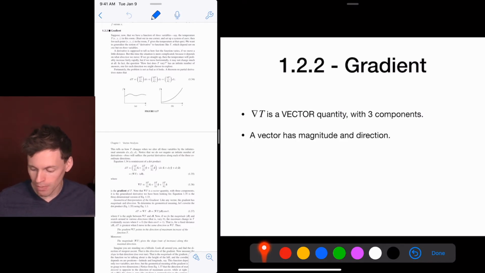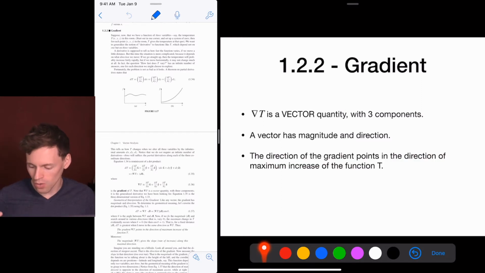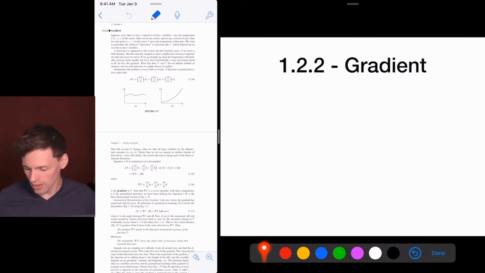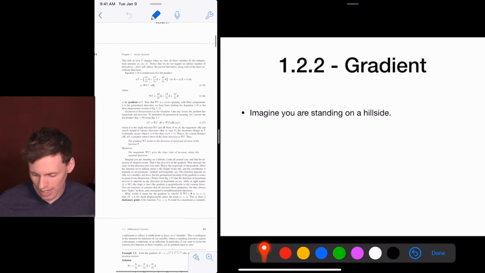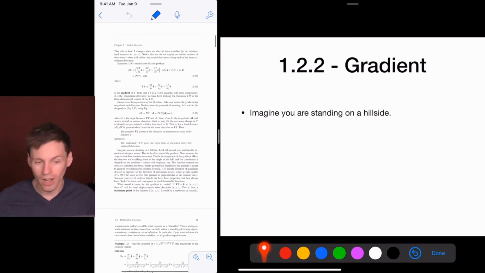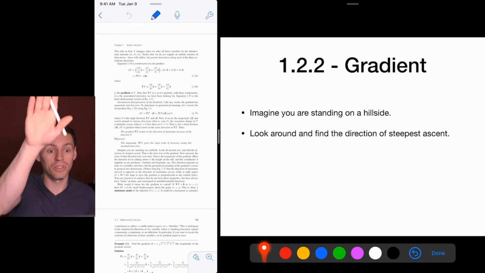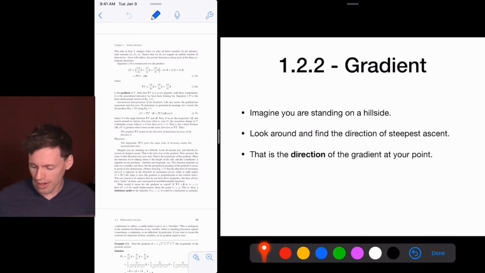A vector has magnitude and direction. So the direction of the gradient points in the direction of the maximum increase of the function of T. The magnitude of the gradient gives the slope or rate of increase along the maximum direction. So you can think of it as when you are standing on a hillside, and you look around and find where the slope is going steepest away from you. That is the direction.